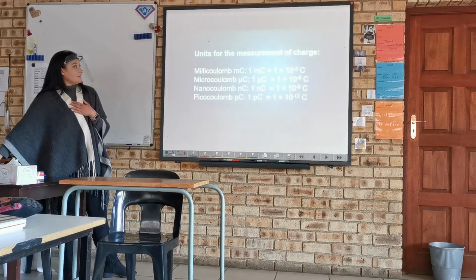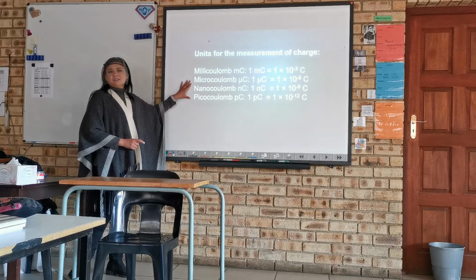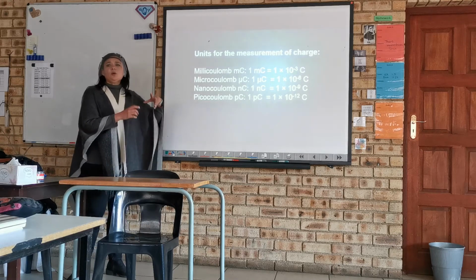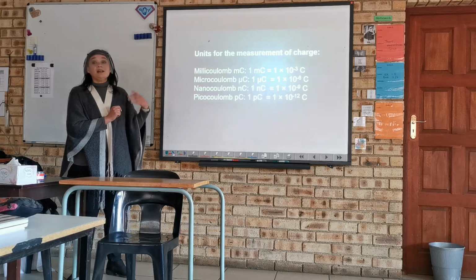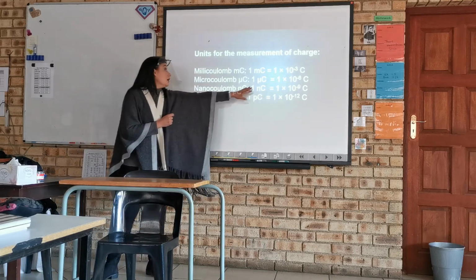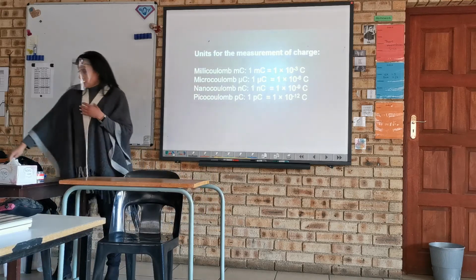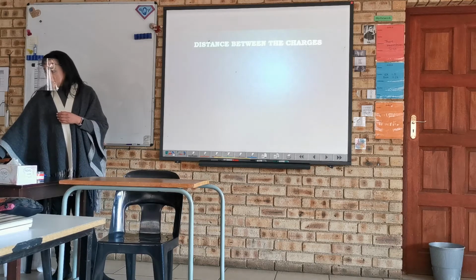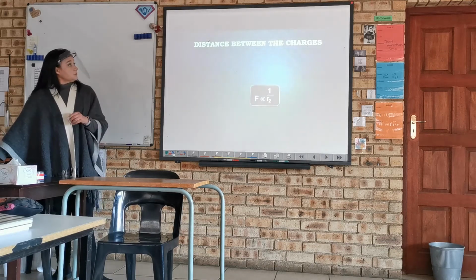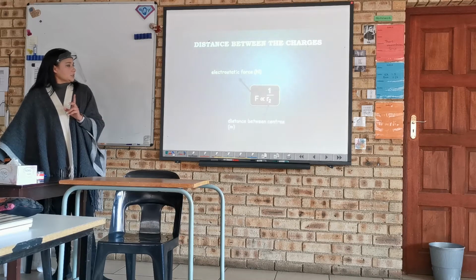Now, the units for measurement, remember this stuff, guys? Instead of talking about times 10 to the minus 3, we talk about milli. Instead of talking about times 10 to the minus 6, we use micro, and nano, and pico. I will give you a chance to write stuff down afterwards. Right, so the distance between the charges: if the distance is squared, I'm sorry, there's something wrong.